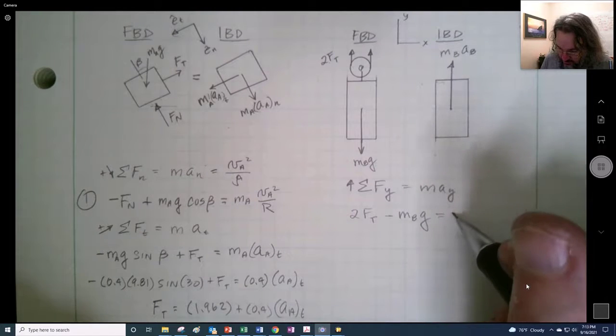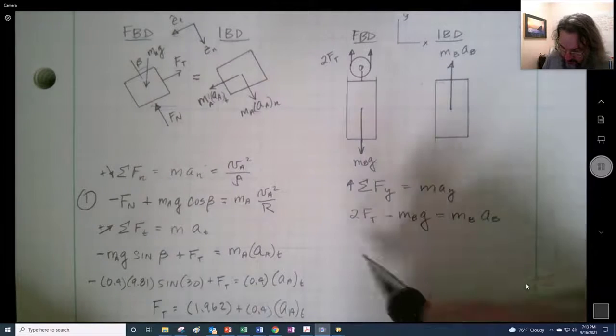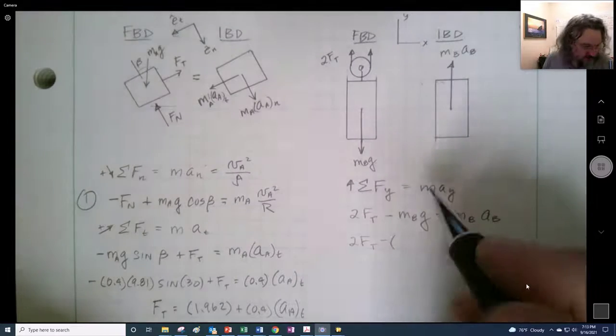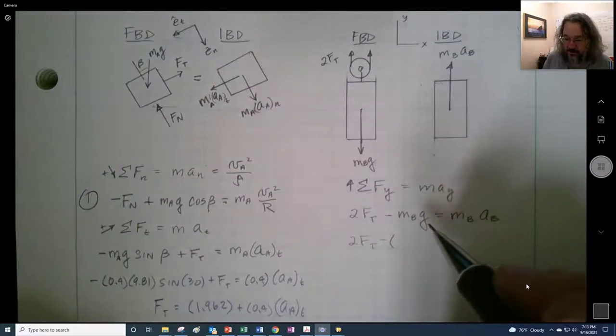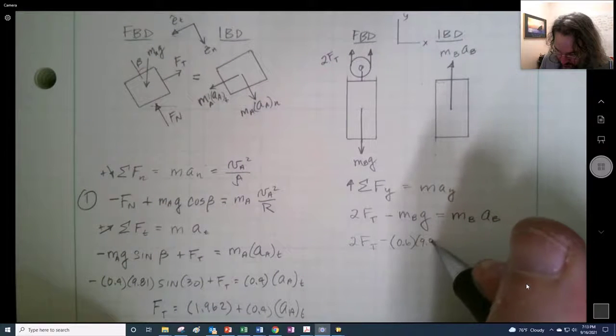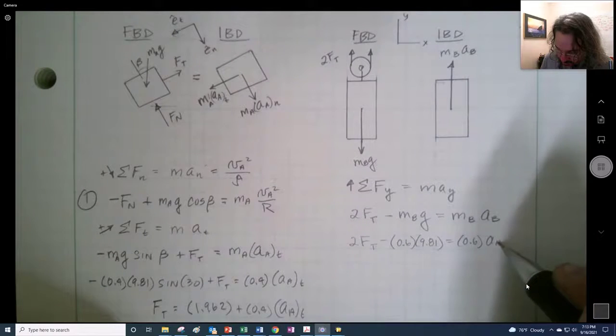It's going to be equal to mb times ab. So we can put in for the limited amount that we have here. This is going to be, where did we go up here? It's going to be 0.6 times 9.81 equal to 0.6 times AB.